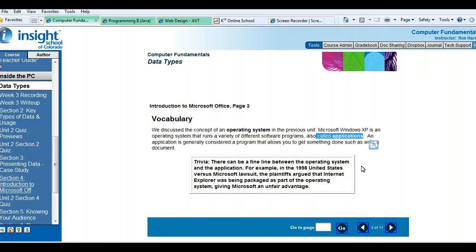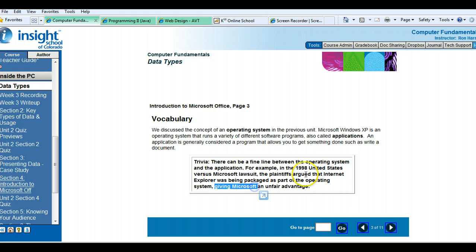And the funny thing about Microsoft was originally on all Mac computers. They were combined at one time, way back in the 80s, and then they kind of split apart. And this just talks about how operating systems and applications have really come together.